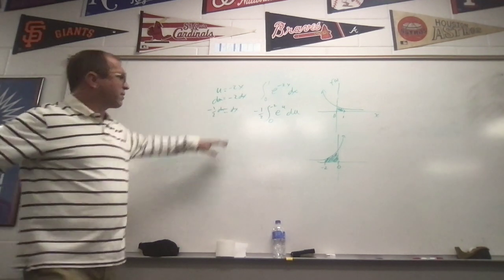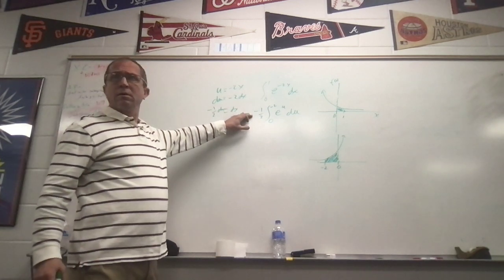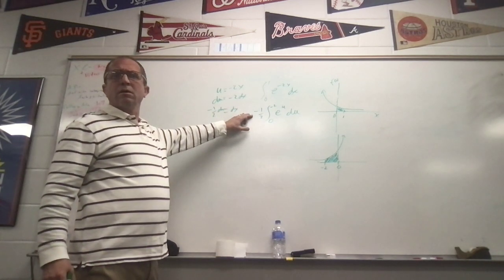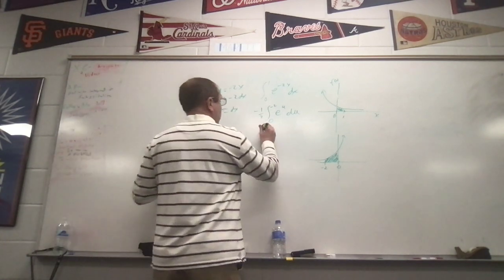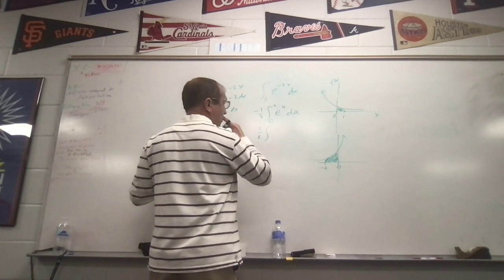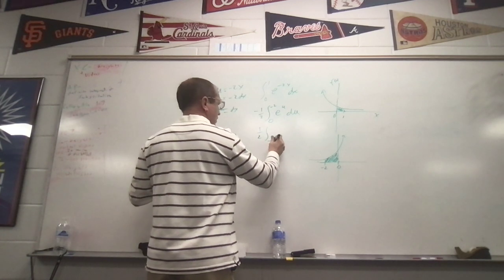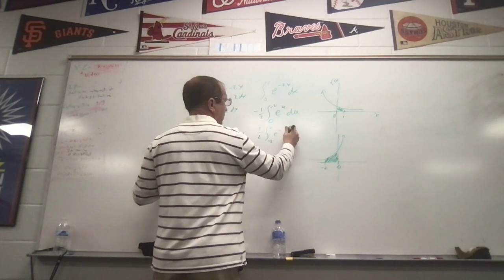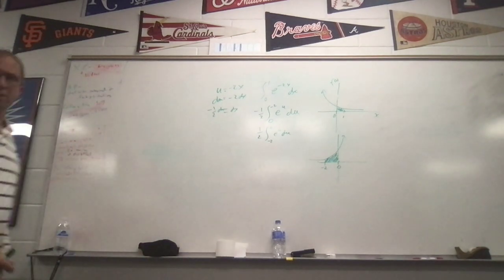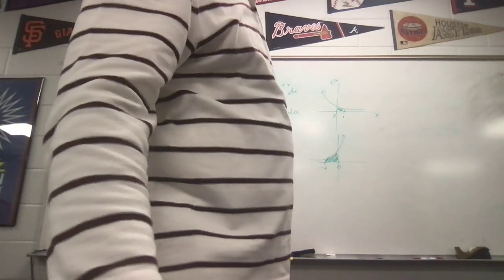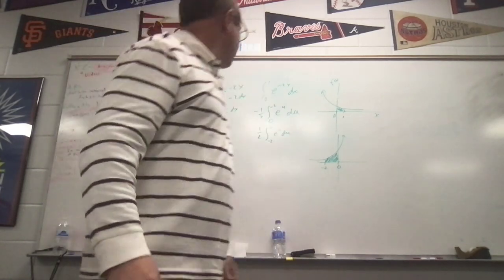So what is significant about this negative out here? You can flip it, right? So it becomes positive 1/2 of the integral from negative 2 to 0 of e to the u du. Good. Okay.